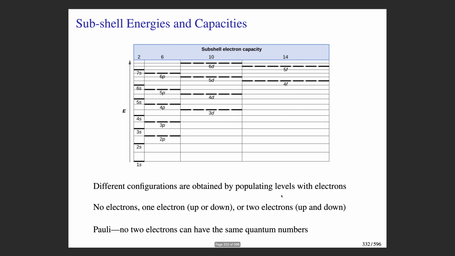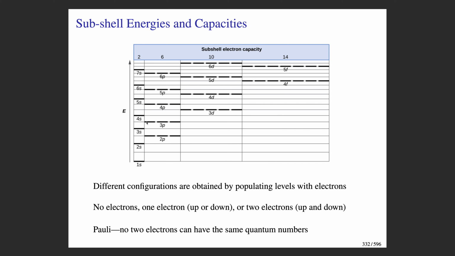On the next slide, I'm showing the energies of the different subshells for a many electron atom. We notice that the 1s atomic orbital has the lowest energy. Then we have the 2s orbital, then the 3 2p orbitals, then the 3s orbital.